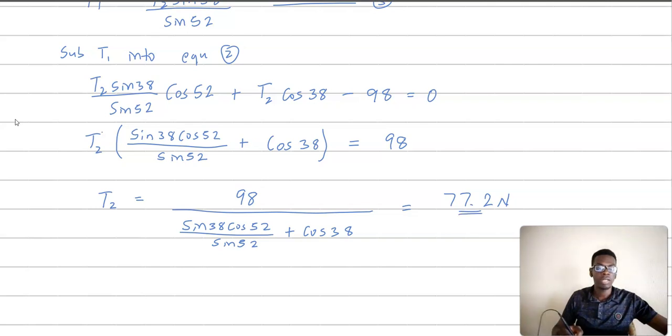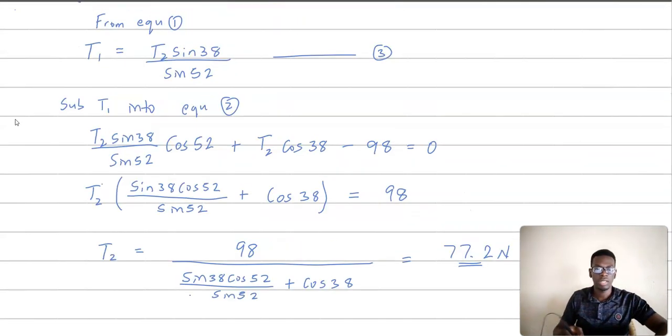So since we have calculated T2, we can substitute T2 into equation 3. And equation 3 here says T1 equal to T2 sine 38 over sine 52. So once you know T2, you can immediately calculate T1 using equation 3.